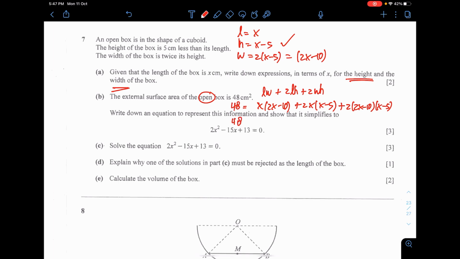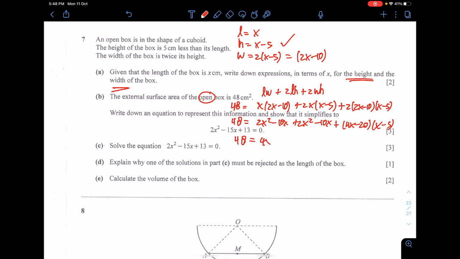You just need to expand this whole thing then. 2x squared minus 10x plus 2x squared minus 10x and so on. They look alike. Oh man, this is tiring.